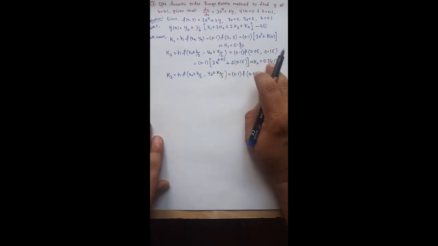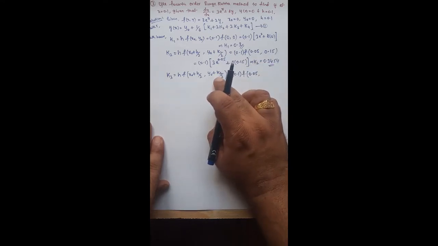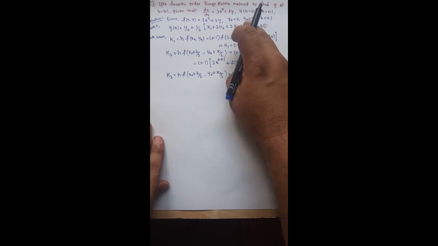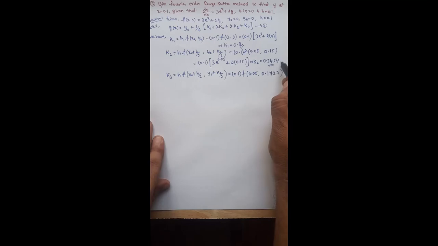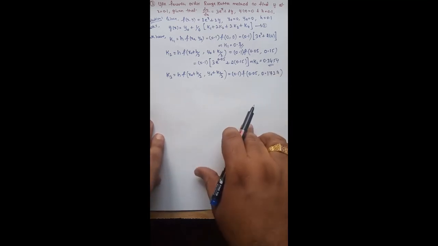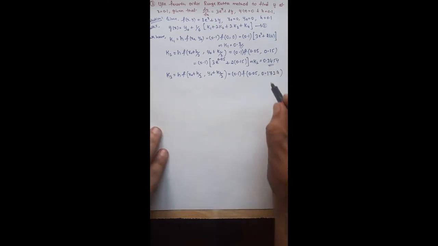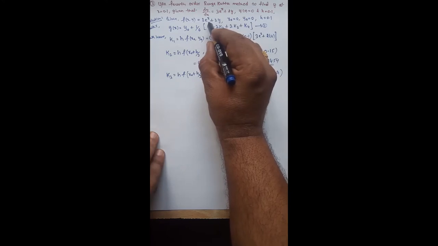K2 is 0.3454, so it is 0.3454 divided by 2 plus y naught, and y naught is 0. So it becomes 0.1727, correct? Now again, this is in the form of f of x comma y. X is 0.05 and y is 0.1727. Let us substitute these x and y values in this relation.